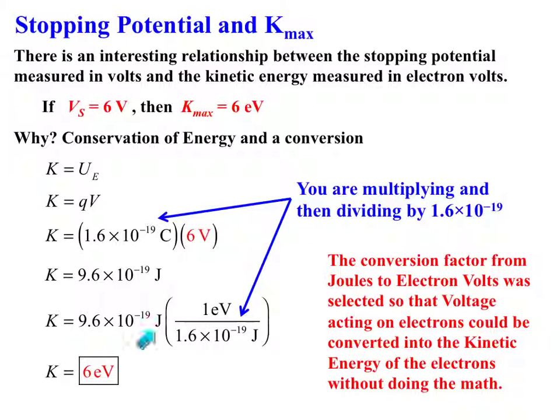Now, to convert from joules to electron volts, we have to divide by 1.6 times 10 to the negative 19 joules per 1 electron volt. This gives us kinetic energy, and you notice that it's the same value as we have for our potential. Now, this conversion factor from joules to electron volts was selected so that the voltage acting on the electrons could be converted into kinetic energy of the electrons without doing any math.